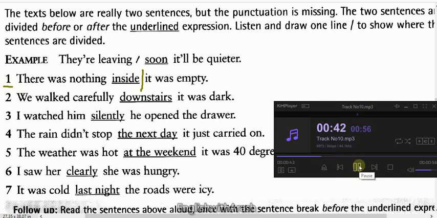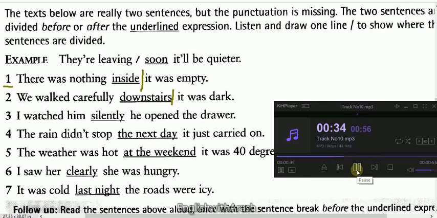We walked carefully downstairs. It was dark. So is it after downstairs or is it before downstairs? Yes, good someone. It's after downstairs. Element good. Mustafa good.